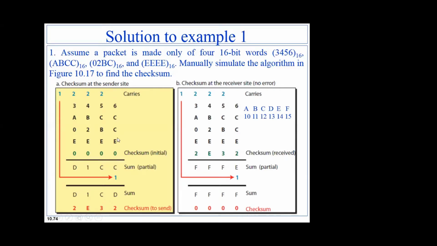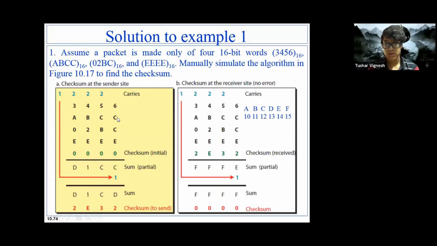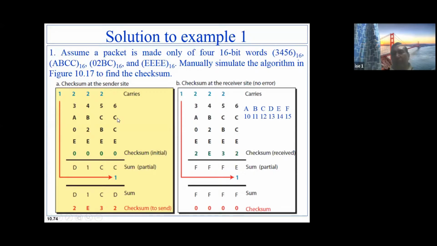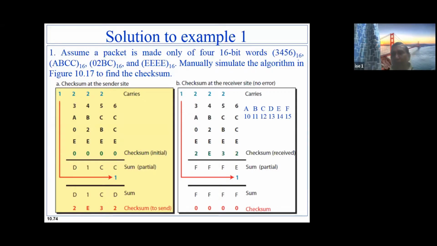I did 6 plus C, which is 12. 6 plus 12 is 18, plus 12 is 30, plus 14 is 44. 44 divided by 16, so 2 times only it will go. That 2 becomes the carry, which comes over here. The remainder is 44 minus 32, which is 12. I have written 12 here. Have you understood the sum?